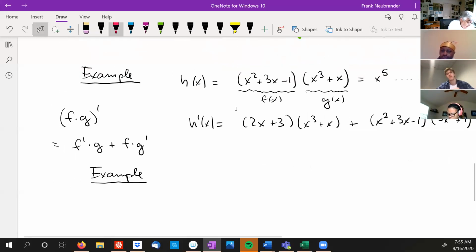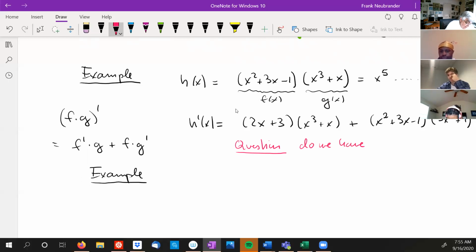So the question is an important one, so let me write it down. If I reword the question, the question would be, if you have the derivative, do you have to simplify it? In this case, would you have to multiply it out?